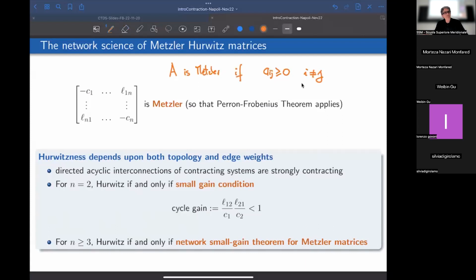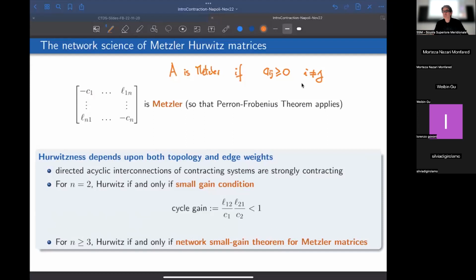Because the matrix is Metzler, the Perron-Frobenius theorem applies, and that guarantees that there exists a dominant eigenvalue that is real. For a Metzler matrix, dominant means it has the largest real part, positive or negative. It could be positive, unstable, or it could be stable.